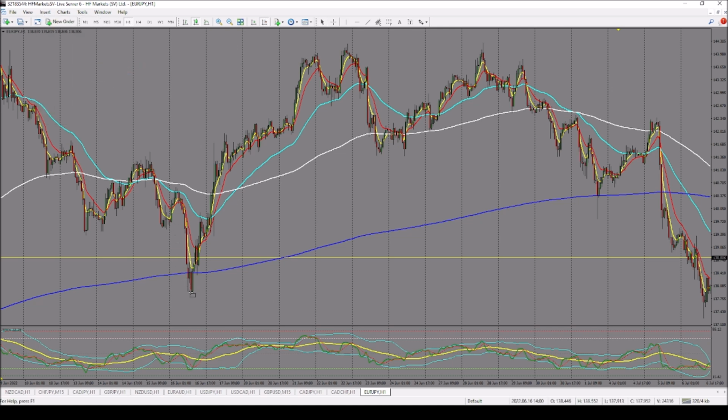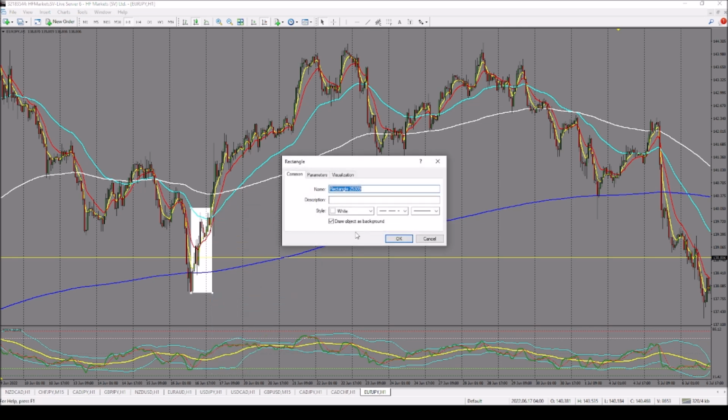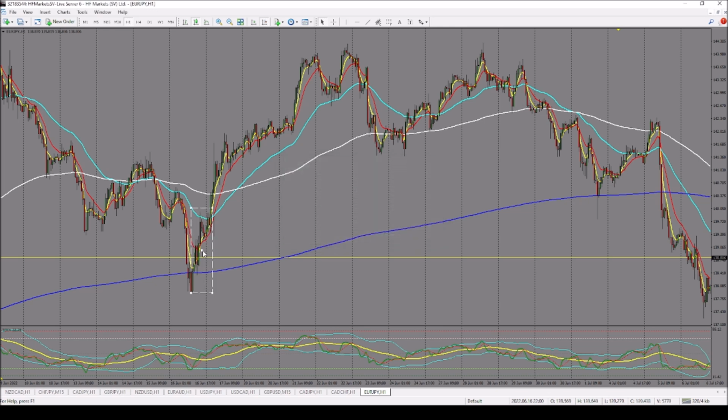In this case, we can see we had level 1, which was the first impulsive rise, the second impulsive rise, and some consolidation, and we had the last impulsive rise.